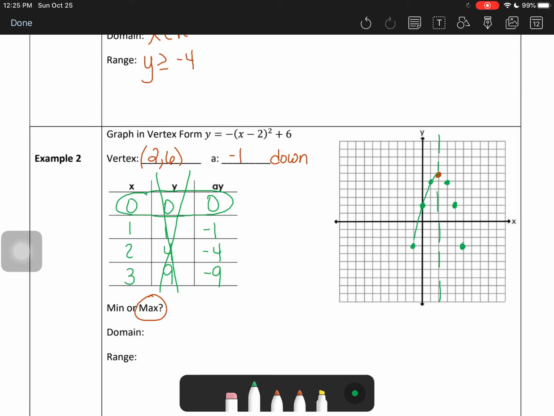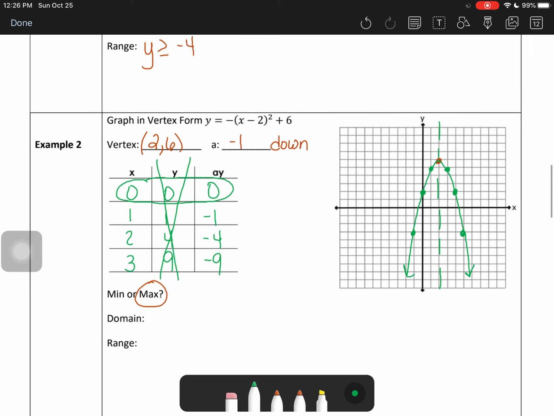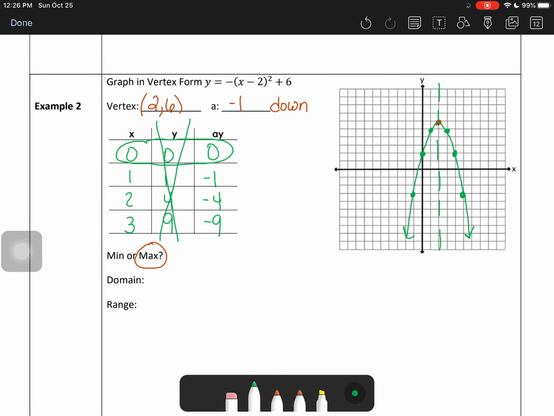We will draw in our parabola, putting arrows on each end, and reminding ourselves that the domain is infinite, x is an element of the reals, but the range is the y values, which are starting at 6, and this time going down, so y will be less than or equal to 6.